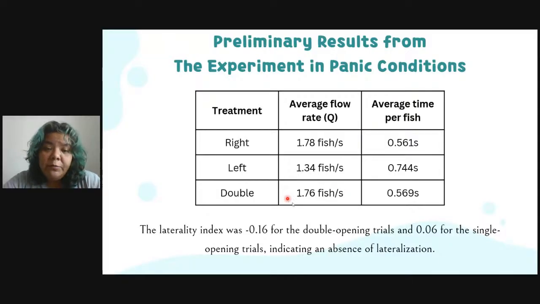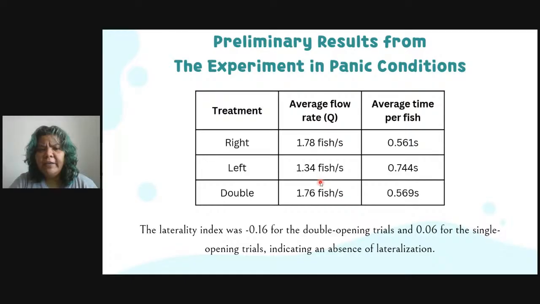And the double rate was 1.76 fish per second. It's important to notice that the double treatment did not surpass the right and left treatment combined, which would be a flow of 3.12 fish per second, which means the system did not benefit from the added path. And this supports the Braess paradox.